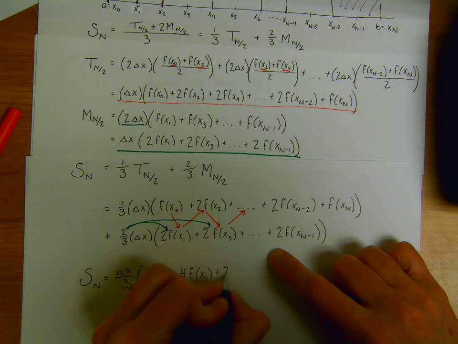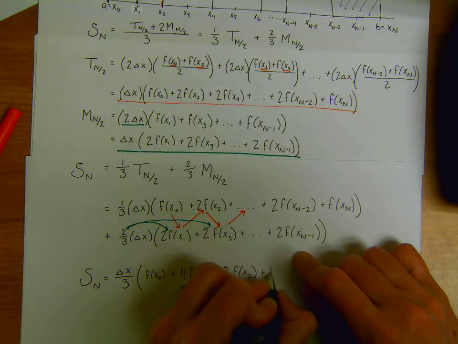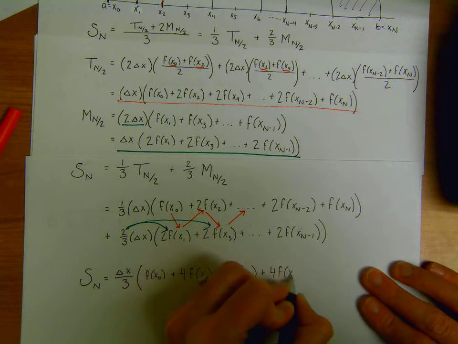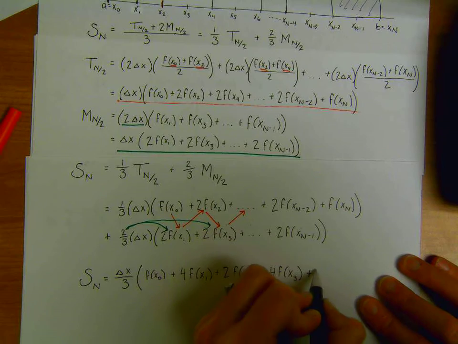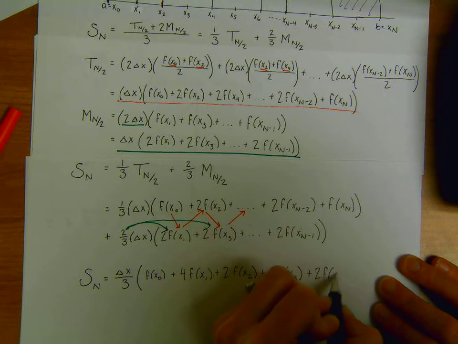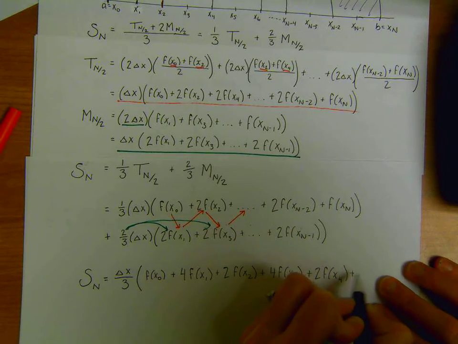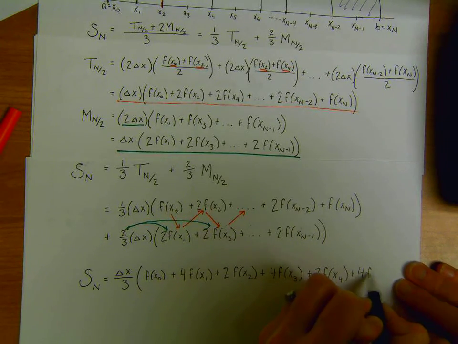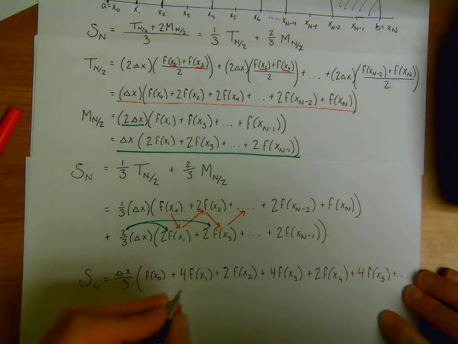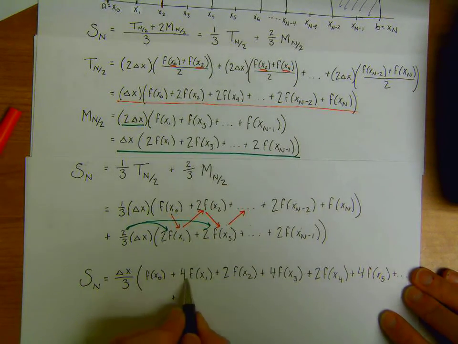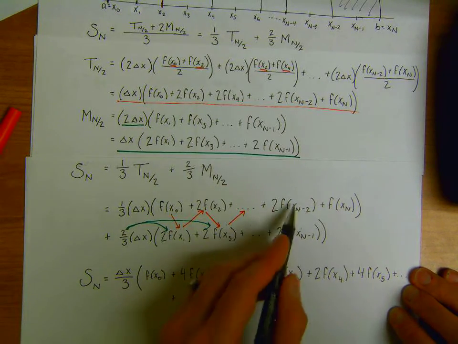Plus 2 copies of f of x sub 2 plus 4 copies of f of x sub 3, 4 because of the distributive property, plus 2 copies of f of x sub 4 plus 4 copies of f of x sub 5 plus dot dot dot, and I'm going to continue this 4, 2, 4, 2 pattern until I get to the very end.